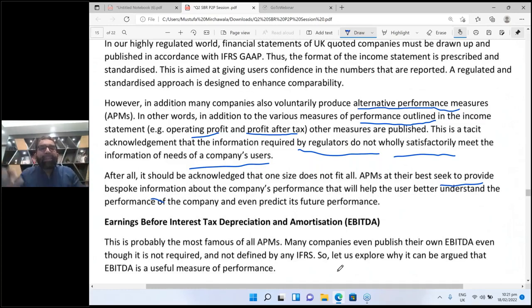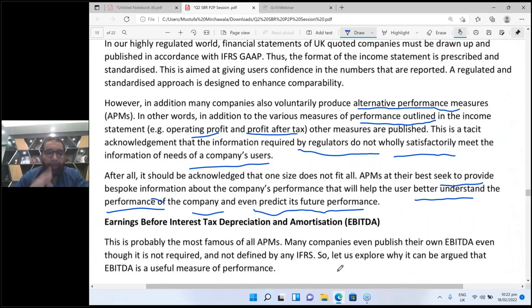So these ratios, these APMs are your own performance indicators, right? According to the needs of your organization, you make your own performance indicators and ratios for your shareholders, for your users. Bespoke information about the company's performance will help the user better understand the performance of the company and even predict its future performance.